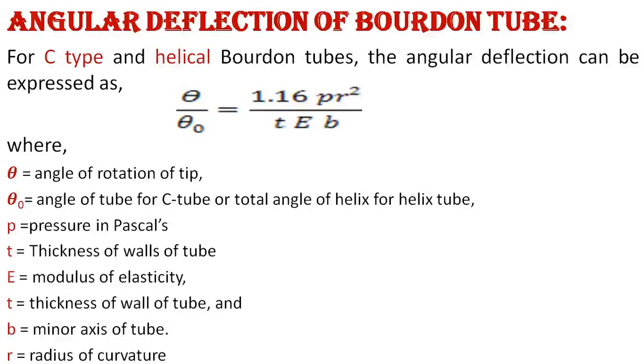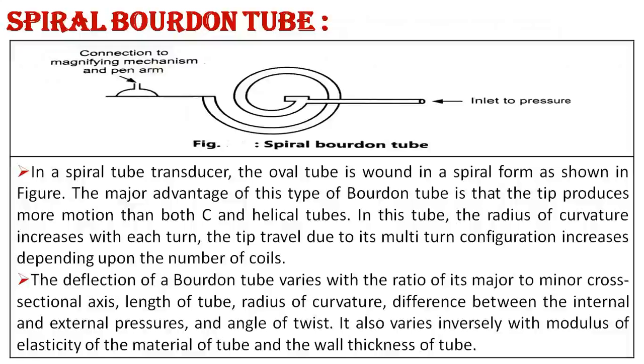So that is the angular deflection mathematical expression of a C-type and helical bourdon tube.